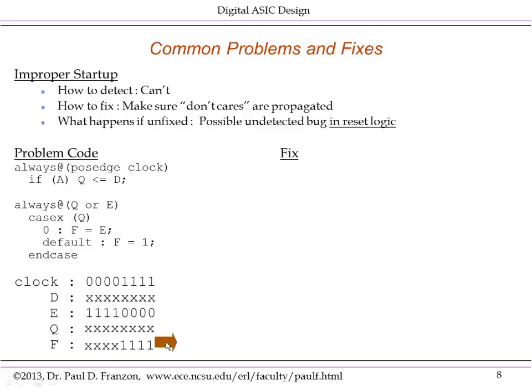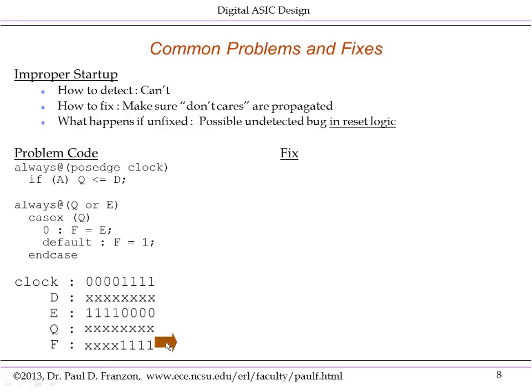You've suddenly turned an uninitialized signal, an unknown signal, into a known signal, a logic 1. And if in your RTL simulation you're looking at F and not looking at Q, you will think you've distributed reset correctly, and you'll be hiding a bug in the reset.